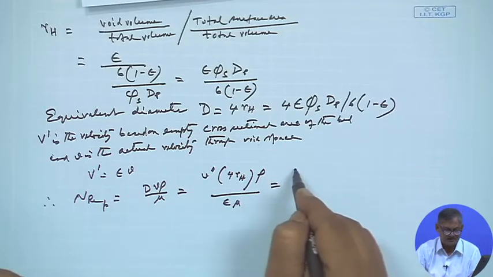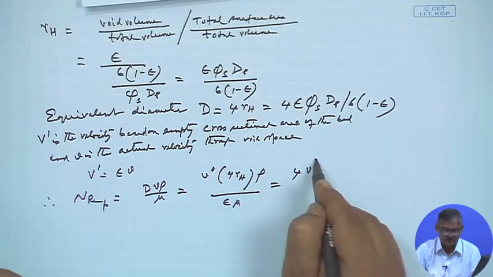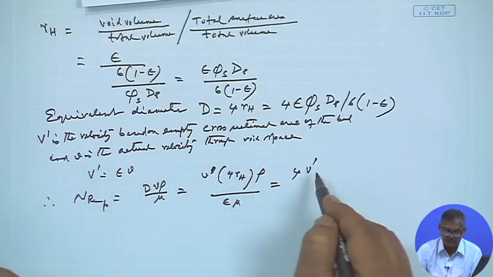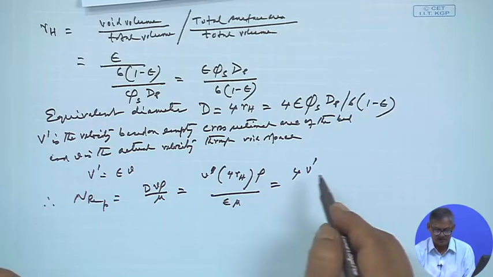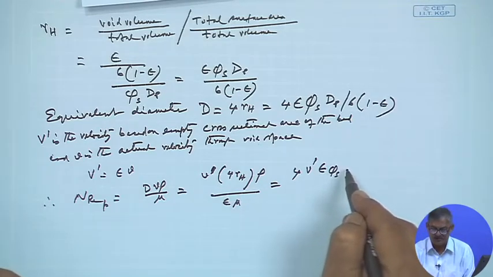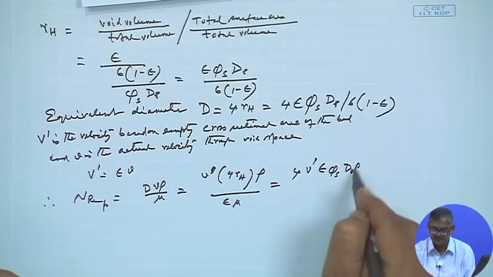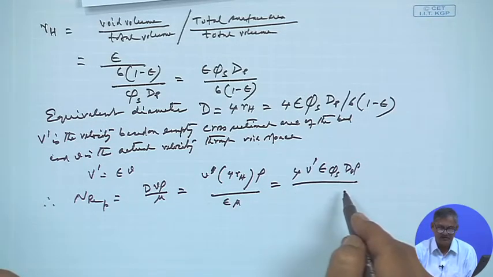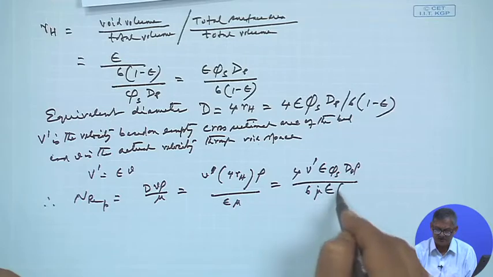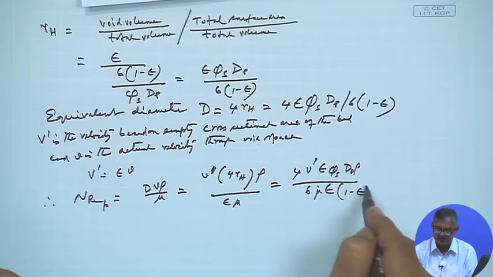So, this is nothing but 4 V prime, say prime or double prime does not matter, here we have given V prime, epsilon phi s dp rho divided by 6 into mu into epsilon into 1 minus epsilon.